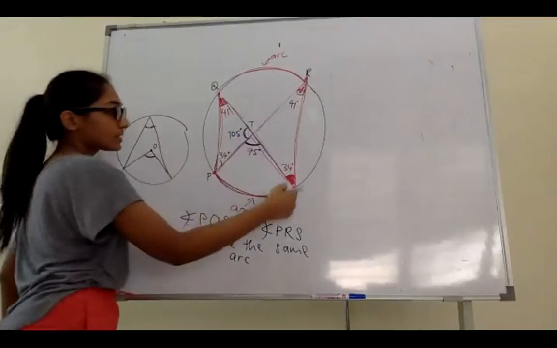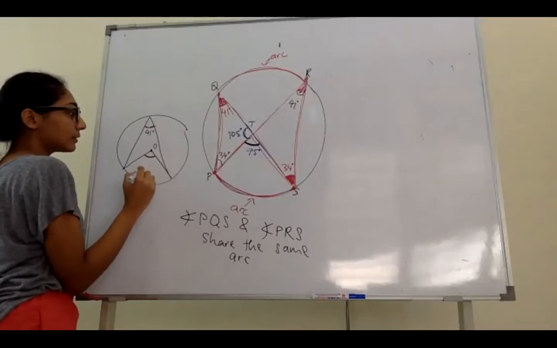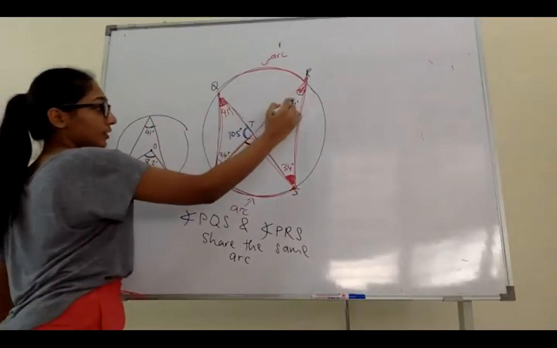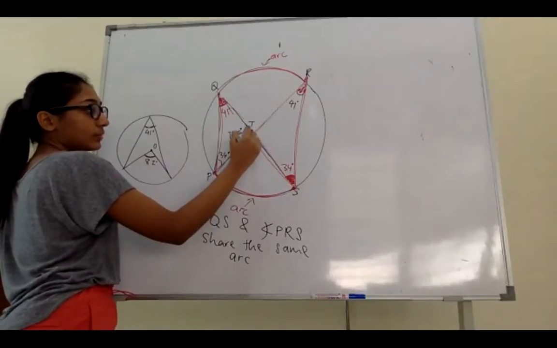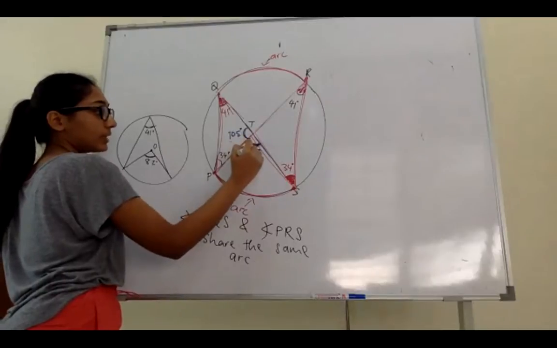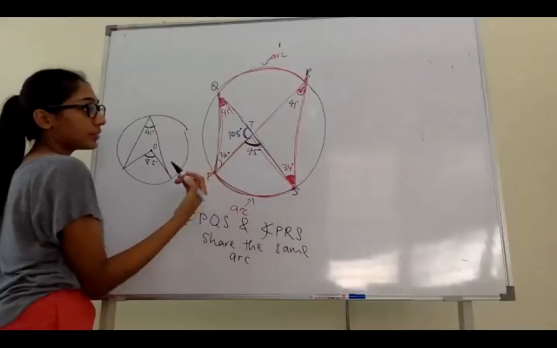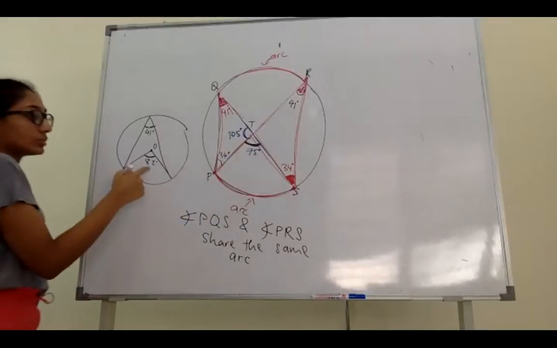If you look, this one is 41, so double of 41 is 82. But this is 41 and this is 75. It's not 82. If T is the center, this should be double that. Because 75 is not double 41, T cannot be the center of the circle, according to this rule.